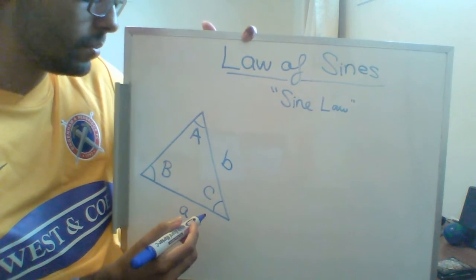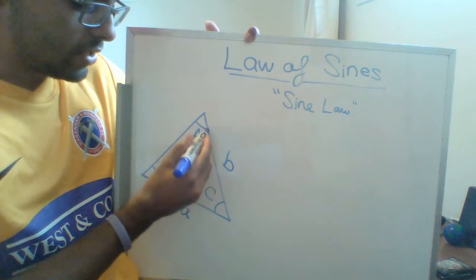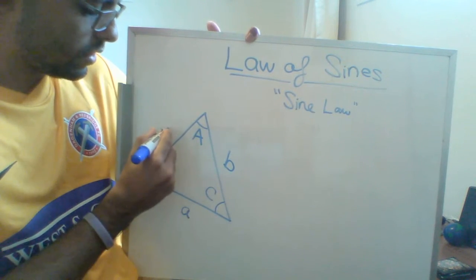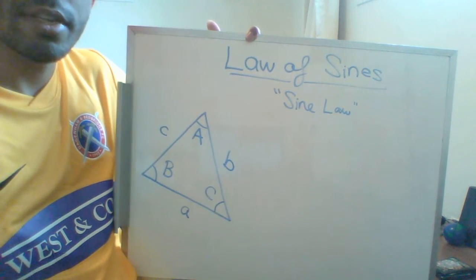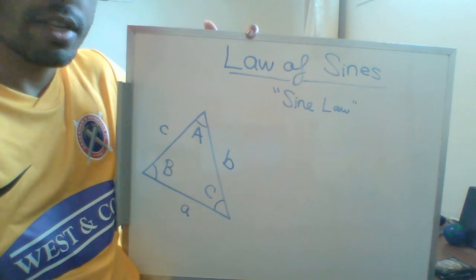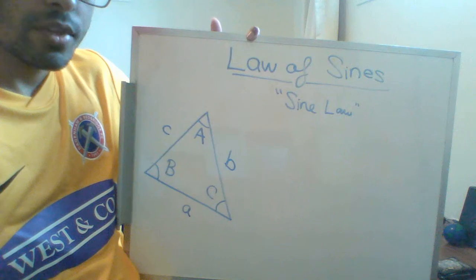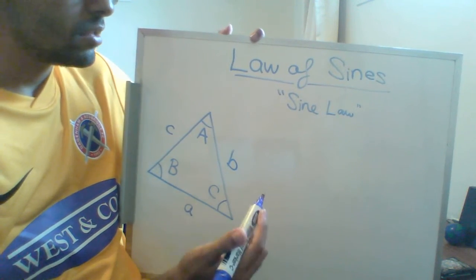And for angle C, this side and this side make up angle C, so the side farthest away from it is going to be side c. So when you've got a triangle like this, you're ready to see the law of sines.